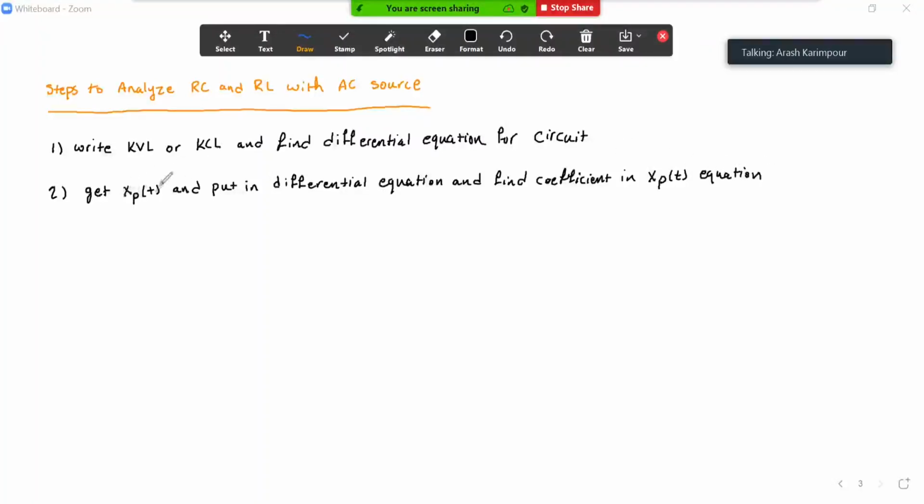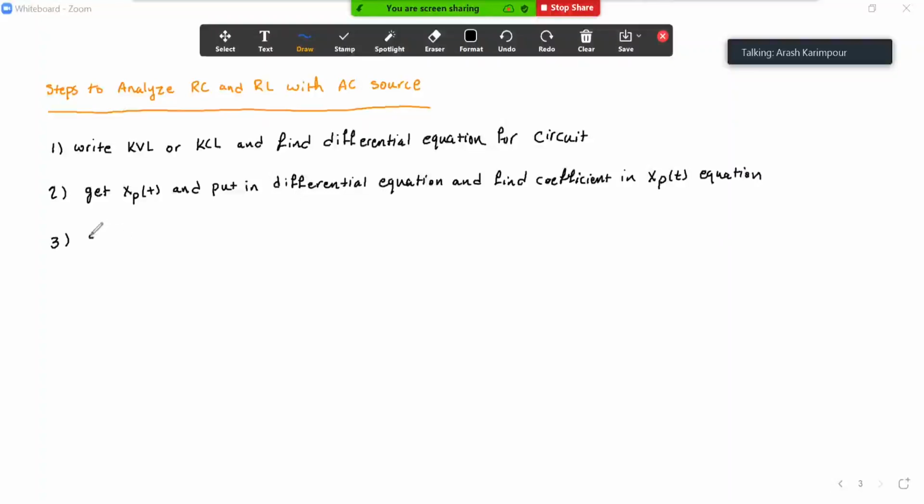So the second step is that you go get the XP(t) and put it in the differential equation you found here, because the solution should satisfy the differential equation. And when you put it there, similar to what we did up to this point, we can find the unknown coefficient in XP.